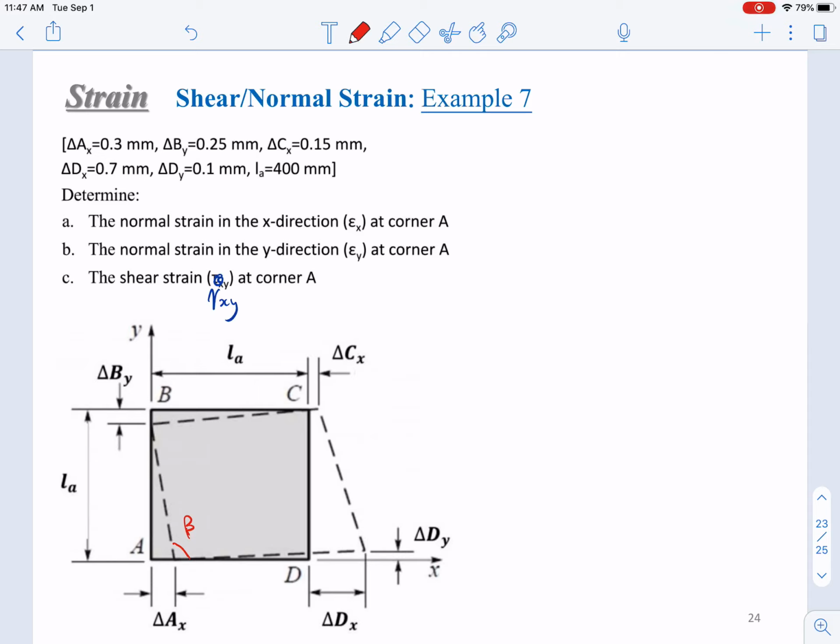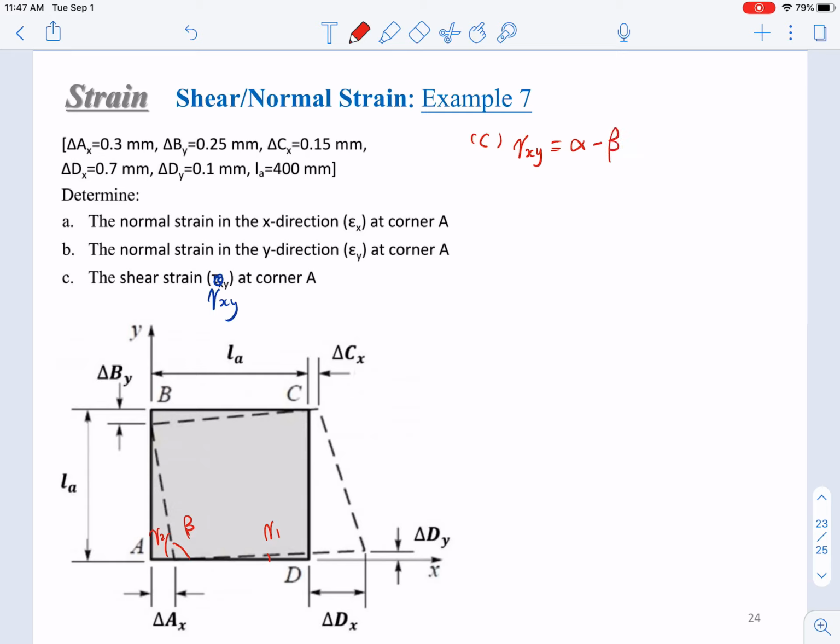This is the first one, let's call it gamma 1. And here, let's call it gamma 2. So in step C, we're looking for gamma xy, and we're calculating it from alpha minus beta.